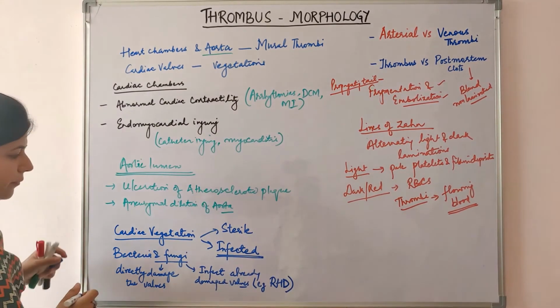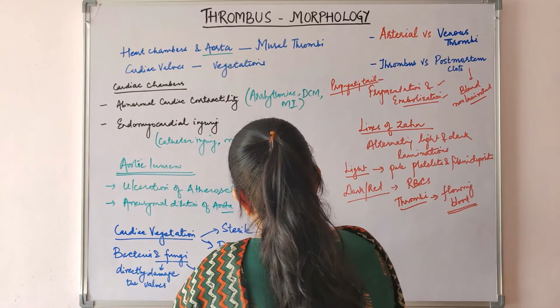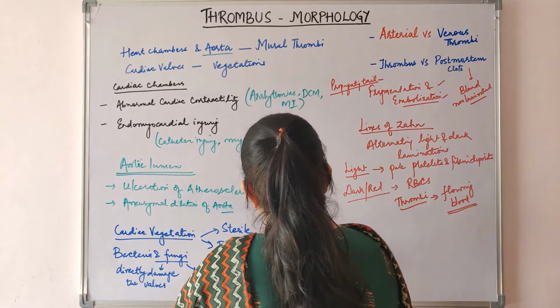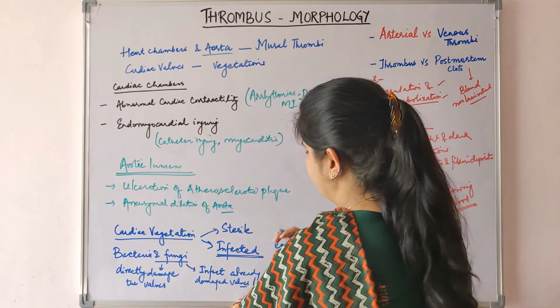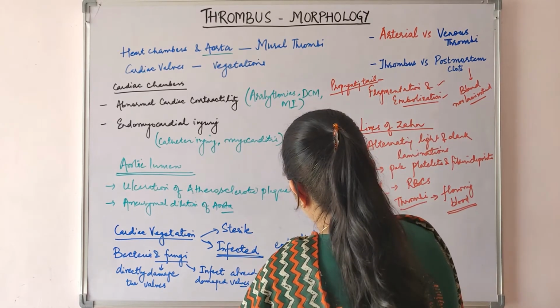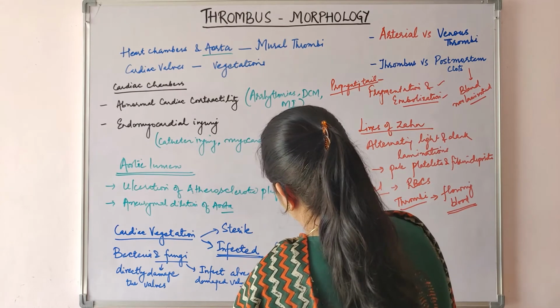And the mechanism of this vegetation formation or thrombus formation on the valves is endothelial injury and abnormal blood flow.